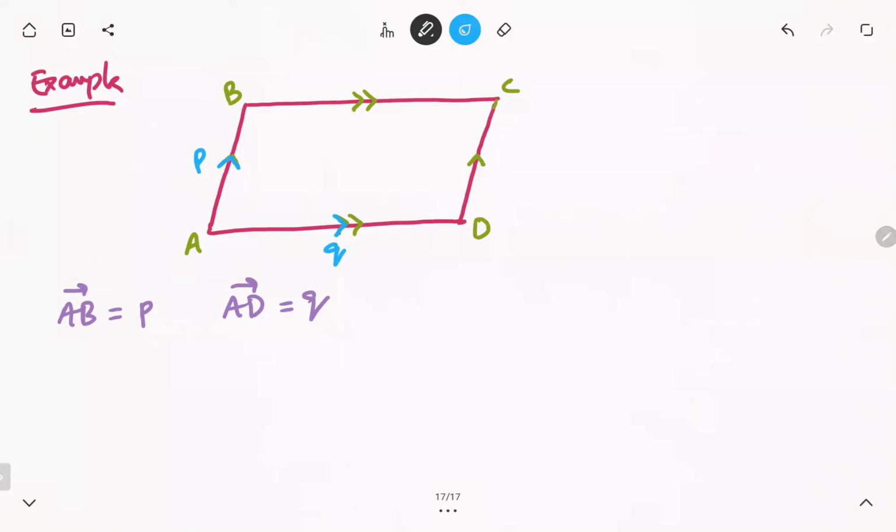Now the question is, I will ask different vectors BC, CD, AD, और बहुत से vectors पूछूंगा.